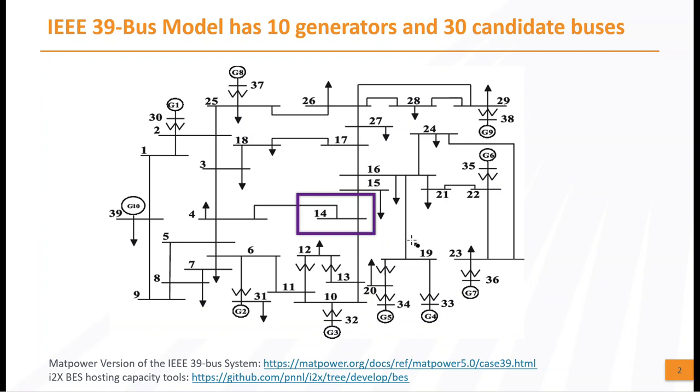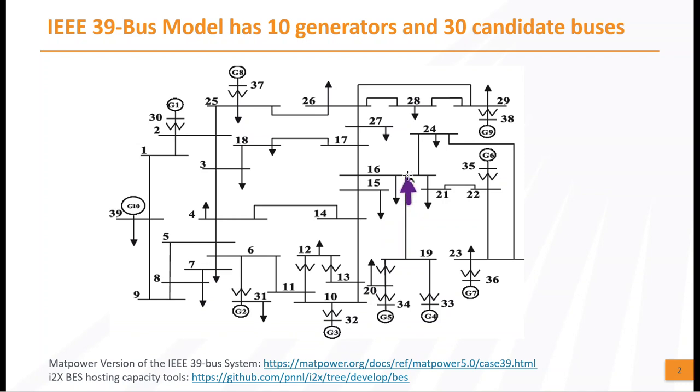Interestingly enough, the analysis for bus 19 came up with a hosting capacity of 0. And if we look at it, there's local generation. There are two local generators there, but the only other branch at bus 19 is this line to bus 16 there.